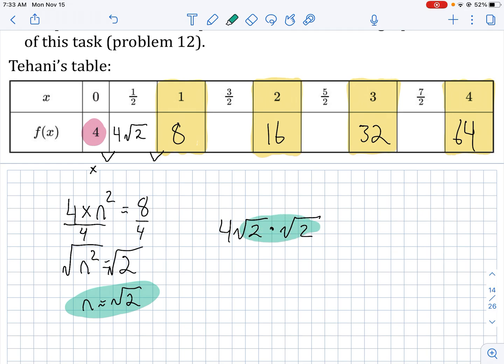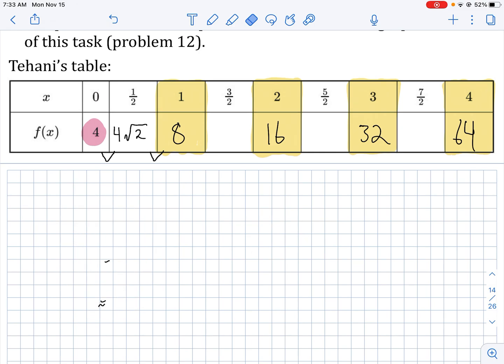The square root times the square root would equal 2. So this is really saying 4 times 2, which does equal 8. So that works out. So our action is times the square root of 2.